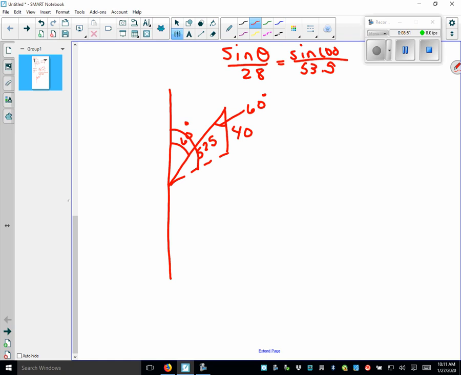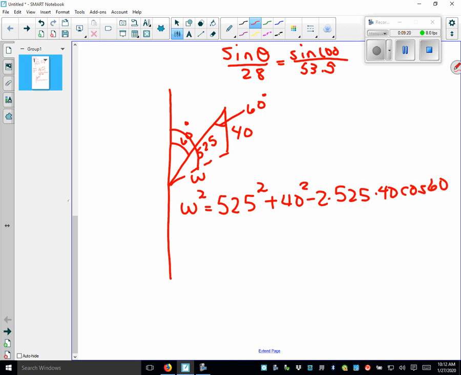And then, is this W? Is W squared equal to 525 squared plus 40 squared minus 2 times 525 times 40 cosine of 60? Is that right?